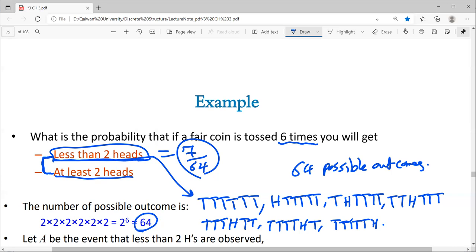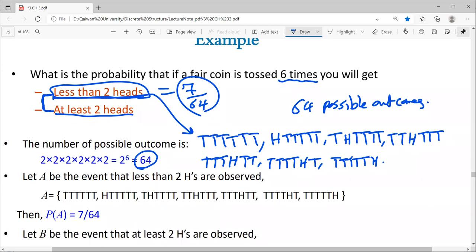We say the probability of less than 2 plus the probability of at least 2 is 1. The probability of less than 2 heads, we found, is 7/64, plus the probability of at least 2 heads equals 1.